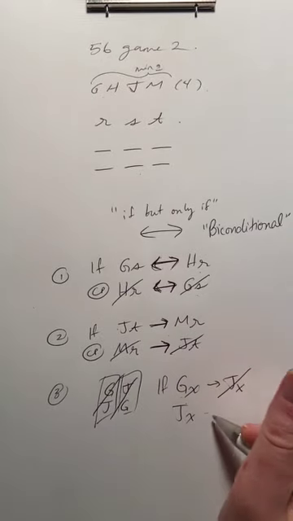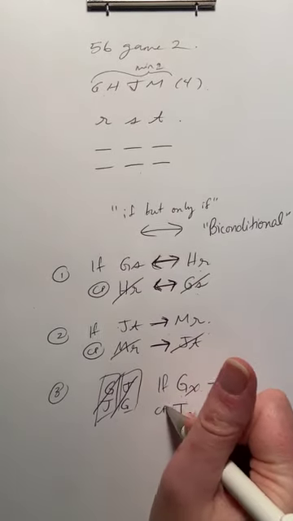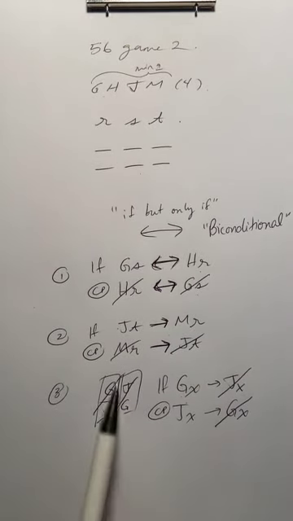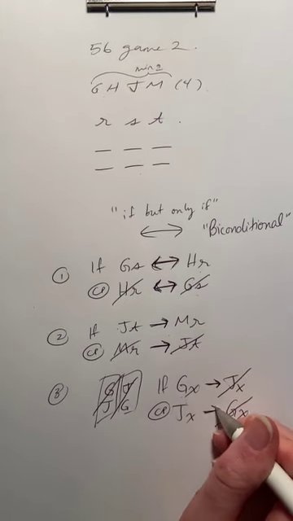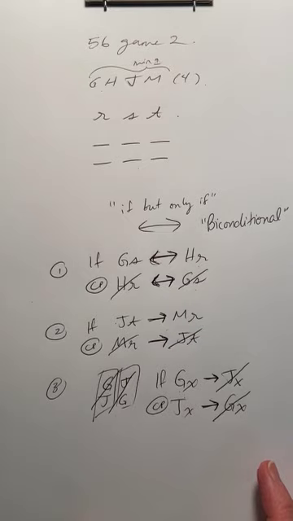If J helps to move X, then G does not help to move X. So you could write it as a conditional, just to kind of keep things consistent. That is also one way to do it. Okay, so that's the setup.